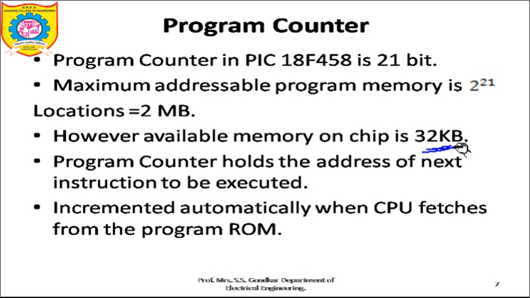It means its addresses will be from 00000H to 07FFFFH. So the program counter always holds the address of the next instruction to be executed, and it is incremented automatically when the CPU fetches from the program.